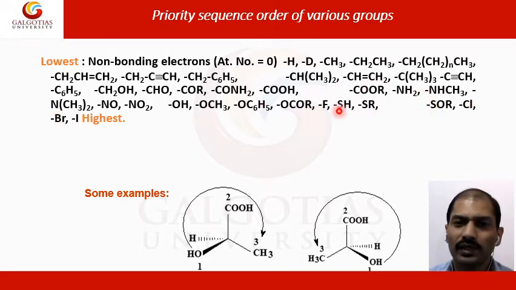This is also less, very less. The least is hydrogen, then deuterium, methyl group, ethyl groups, and many higher hydrocarbon groups. So accordingly, you have to see how the priority can be set up. Some examples here follow the same rules, and then you will be able to find out their priority.